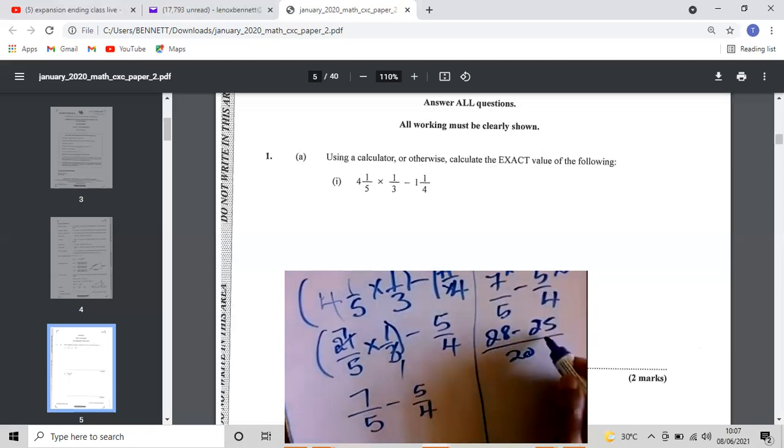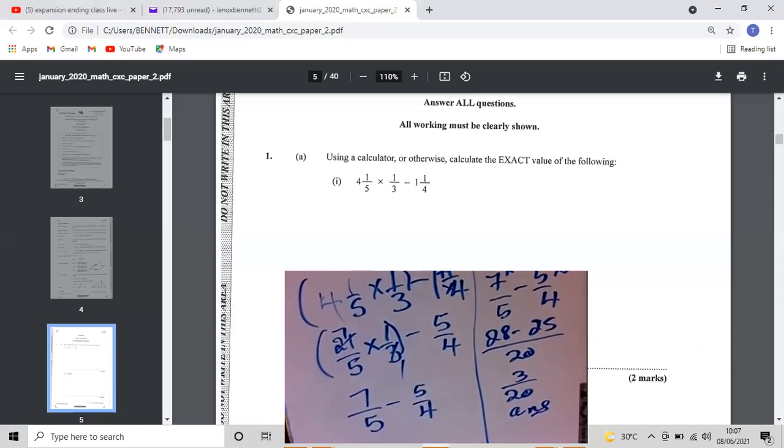So 28 minus 25 would give us 3/20, and that is your first 2 marks in the examination. All right, guys, very important. Let's scroll down and go further.